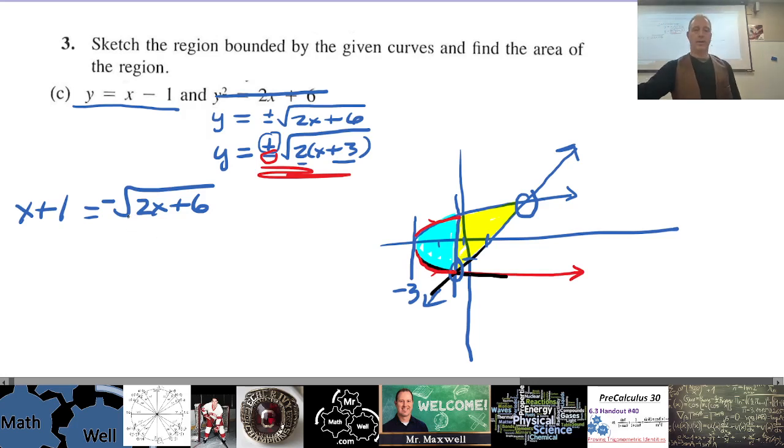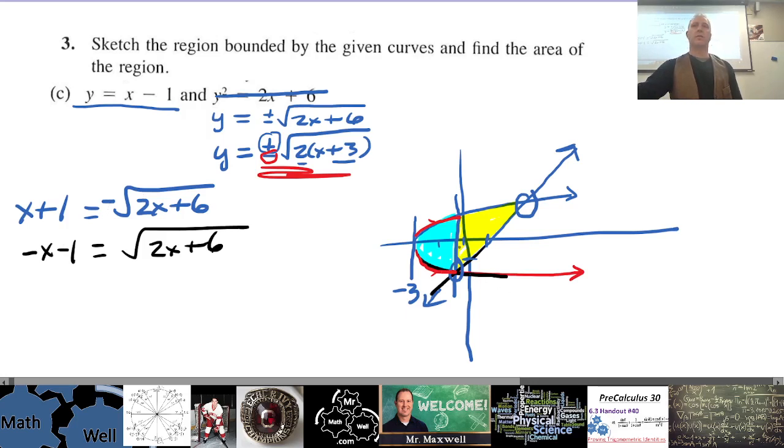So if I multiply everything by negative 1, I guess, I would have negative x minus 1 equals root 2x plus 6. If we do that, or if we just squared both sides, we could square both sides right from the beginning and get rid of that negative.